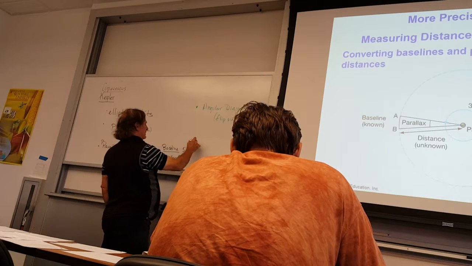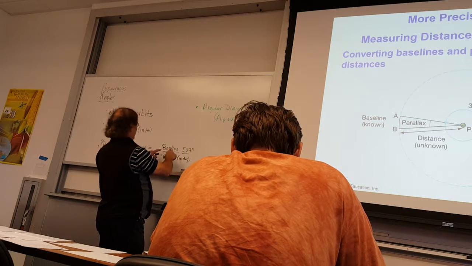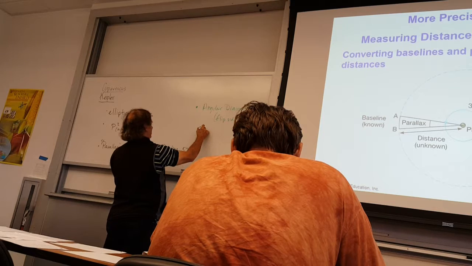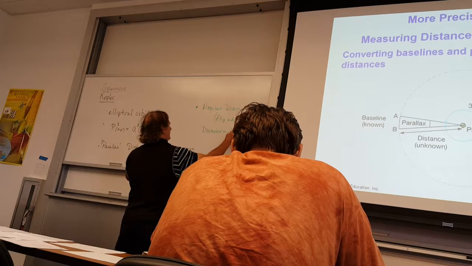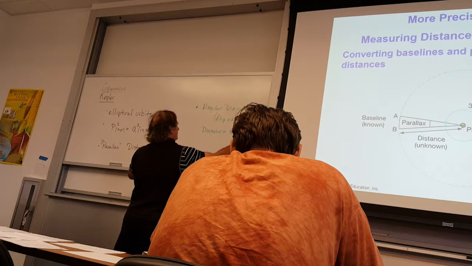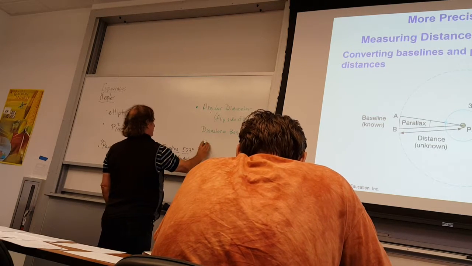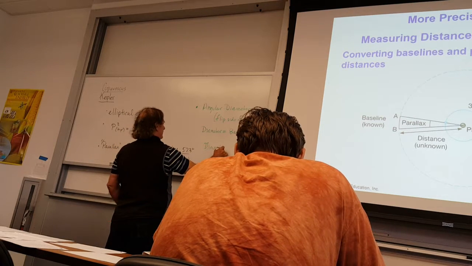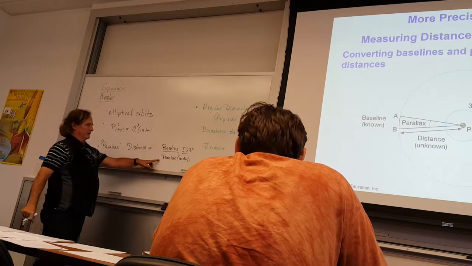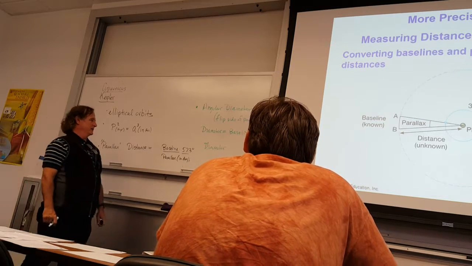So here, I'll say the angular diameter corresponds to the diameter. The diameter is the baseline. So we can actually compute the diameter by solving for this thing. Instead of calling it parallax, we'll call it angular diameter.